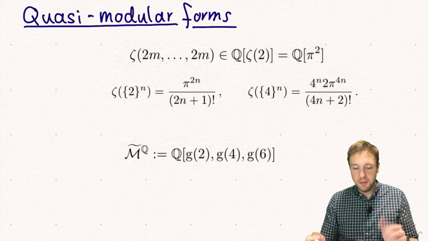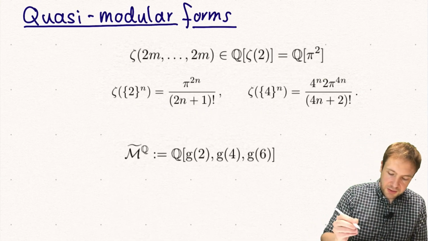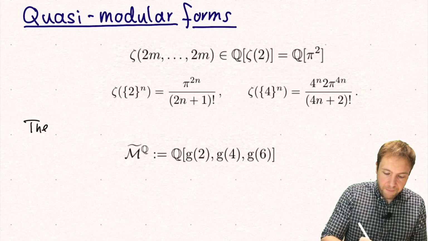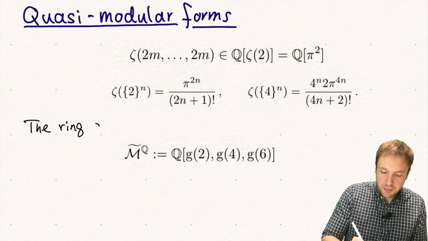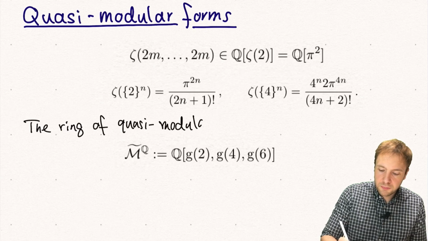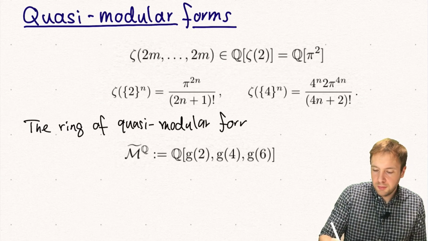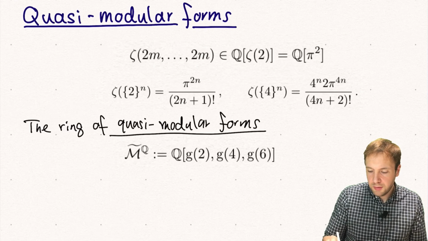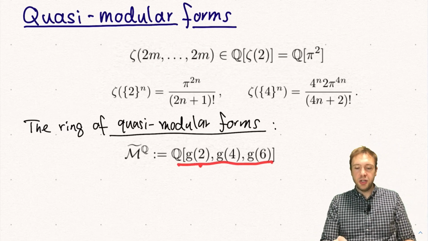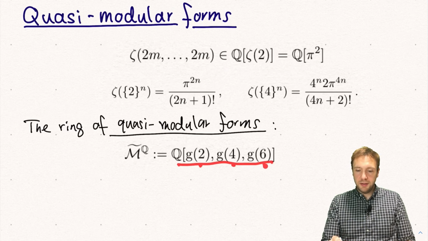So the analog for these functions is g. And this is what we will call the ring of quasi-modular forms. And the definition is that this is a polynomial ring in G2, G4 and G6.